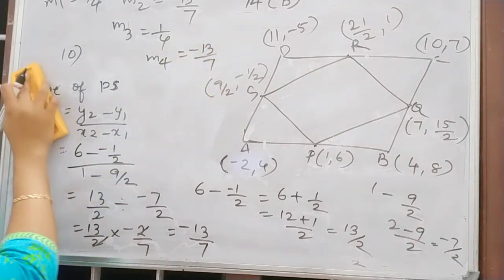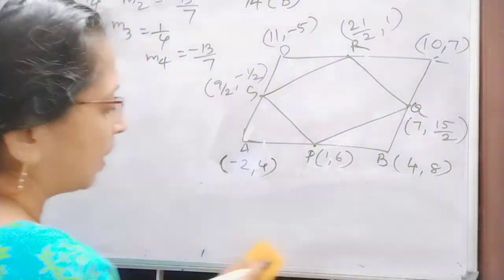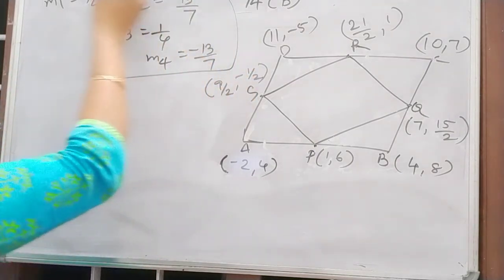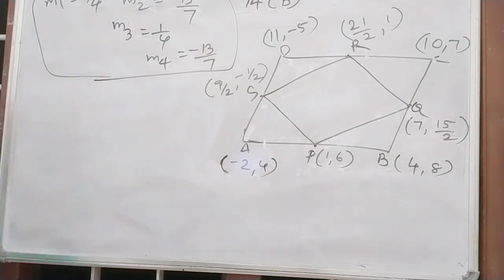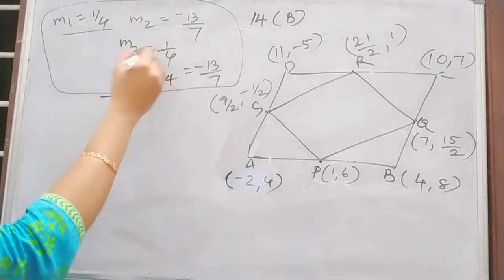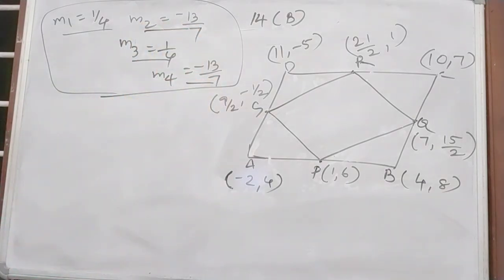So can we write that PQRS is a parallelogram? Look at m1, m2, m3, m4. m1 is 1 by 4, and m3 is also 1 by 4, so these two are equal. m2 and m4 are also equal.